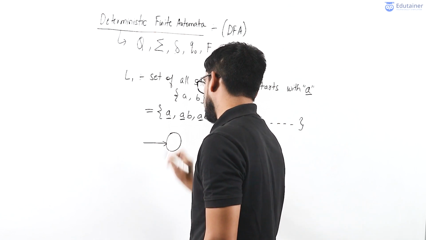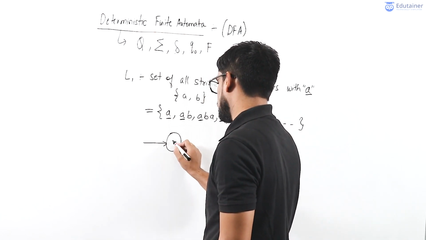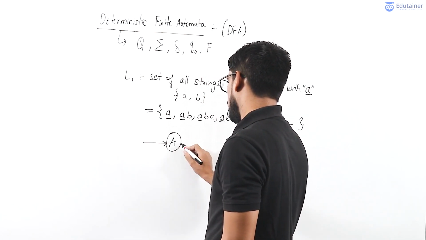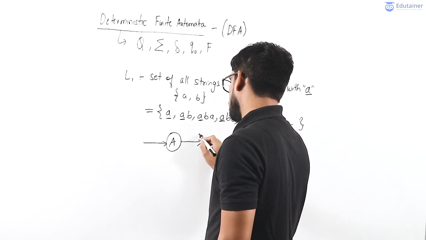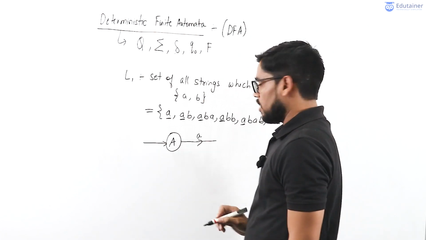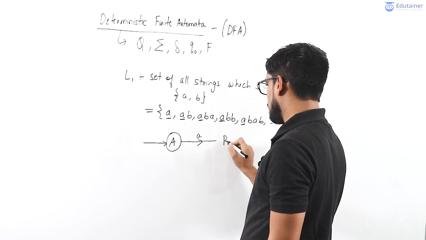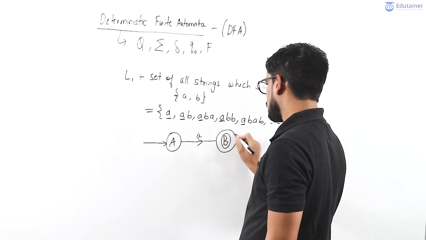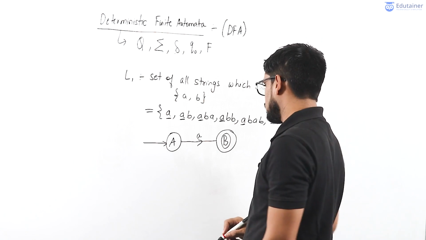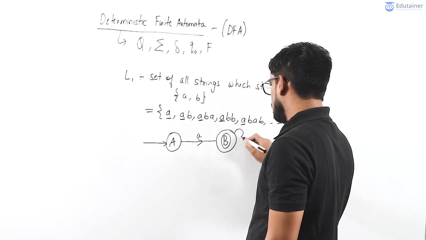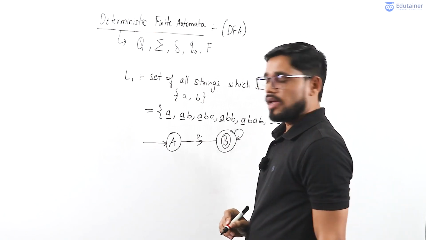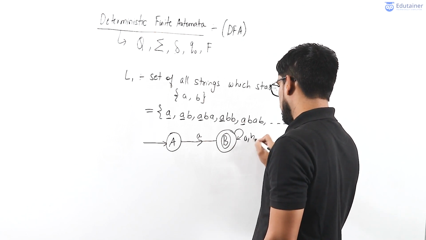I will start with the initial state, let's call it capital A. After seeing a small a, I will go to state capital B, which is the final state. In the final state, I will accept any number of A's or any number of B's.